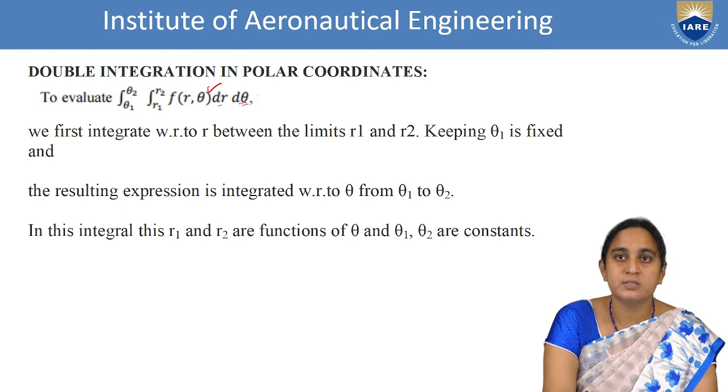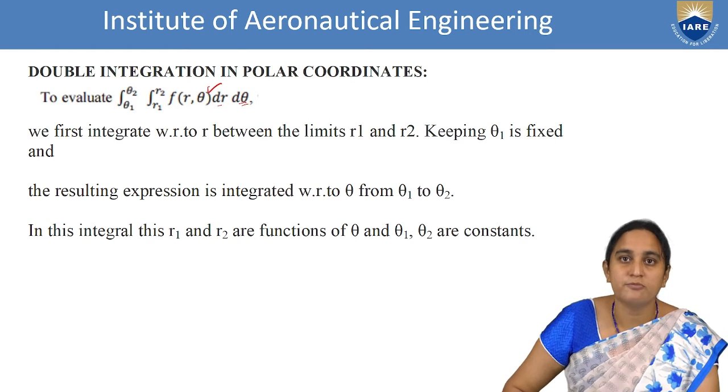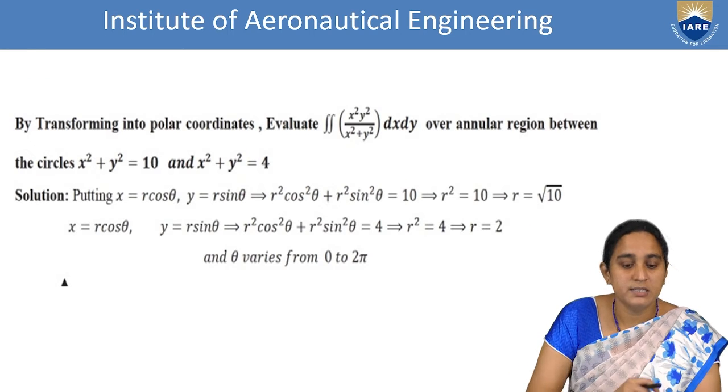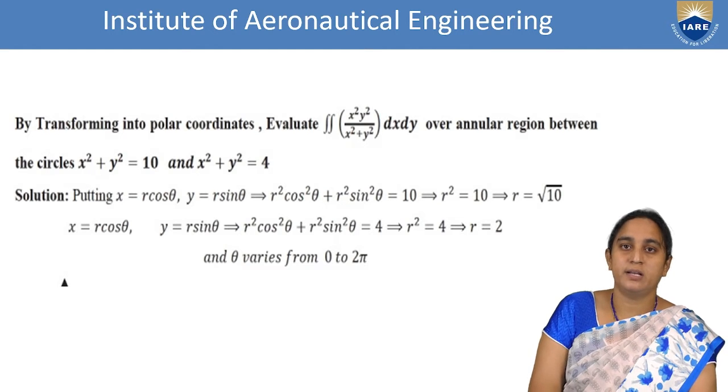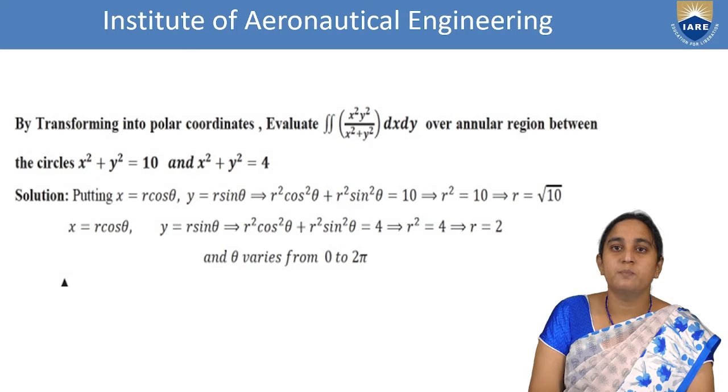Let us start with the first question, an explanation of this polar form. By transforming into polar coordinates, evaluate the double integral of x square y square by x square plus y square, dx dy, over the annular region between the circles x square plus y square is equal to 10 and x square plus y square is equal to 4.